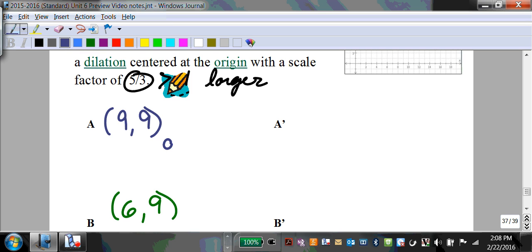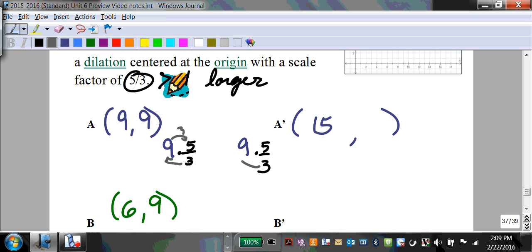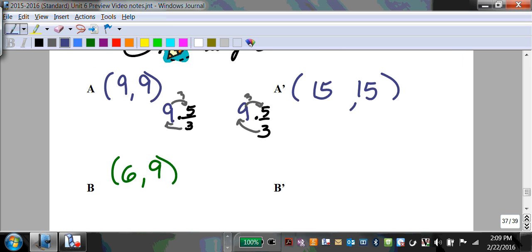So right here, I'm going to split up my 9s. I'm timesing them both by 5/3. We're going to do arrow in, arrow out. 3 goes into 9 3 times. Bring that around. 3 times 5, 15. If you remember how to do this in class, just keep cranking away on your own.